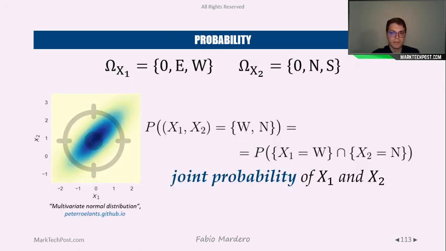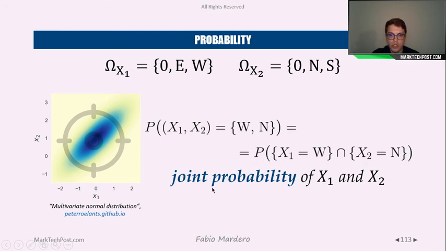That's why we will talk about the joint probability. Here, the sample space of x1 could be 0, I hit the center of the target, or the arrow goes east or west, and the same for the other variable, north or south. So for example, if we want to compute that the arrow goes north-west, we describe the probability of these two joint events.